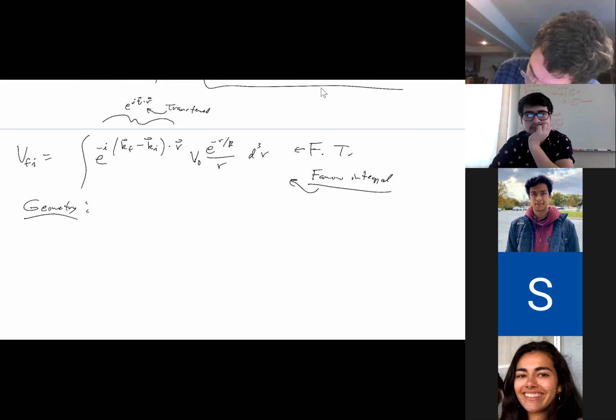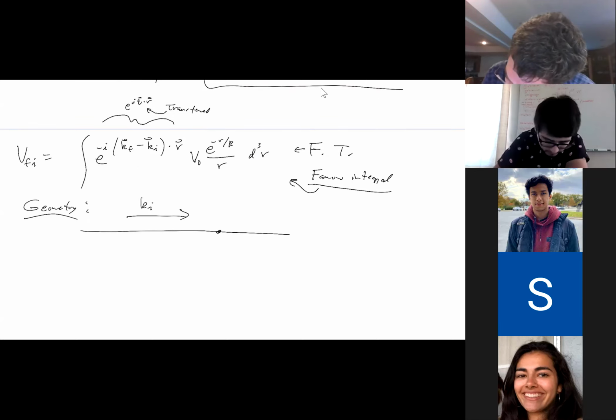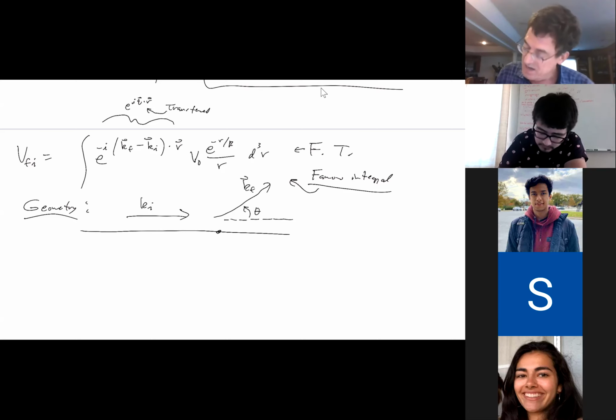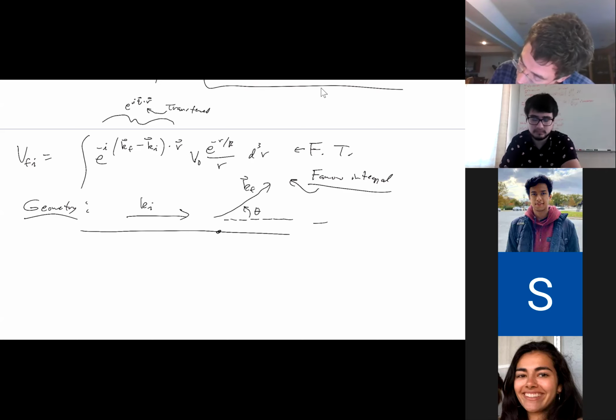So let's just remember the scattering geometry. I've got my initial k, I've got my final k, and I've got this scattering angle, which is theta, okay?